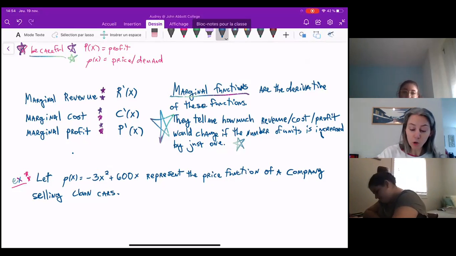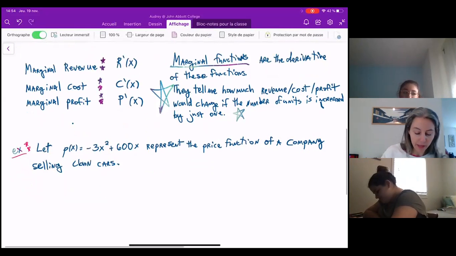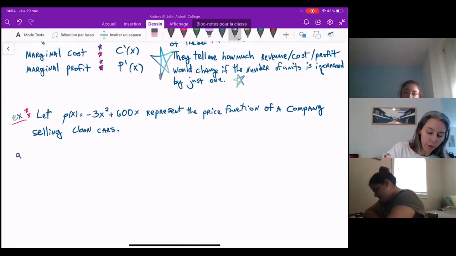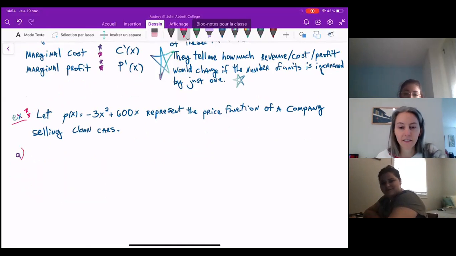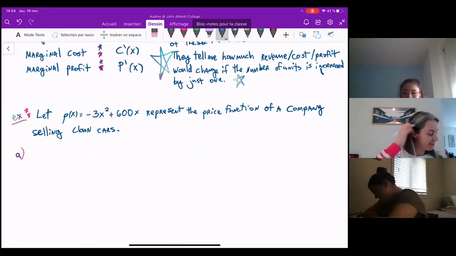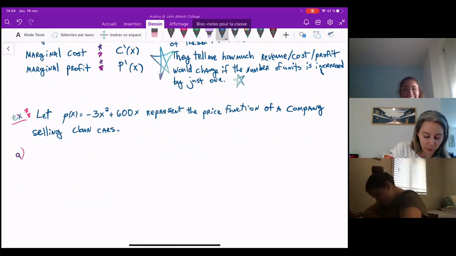Okay, so we're going to do a few things, but we're going to do them piece by piece. The first thing we're going to be asked is to find the marginal revenue when x is equal to 300 units.